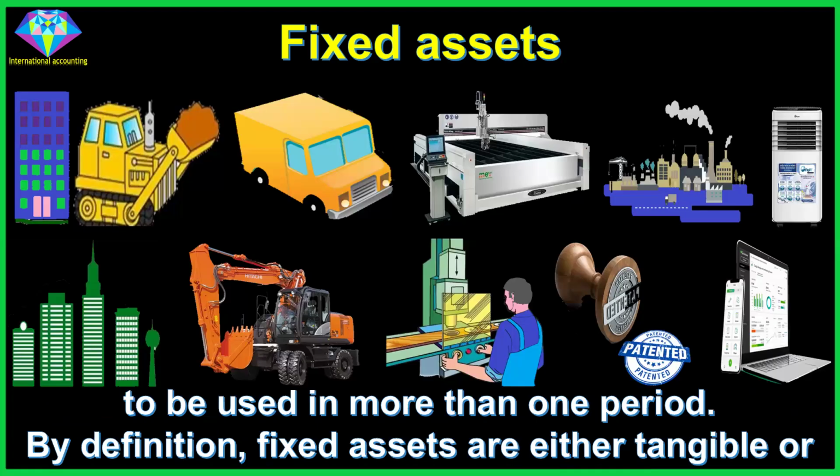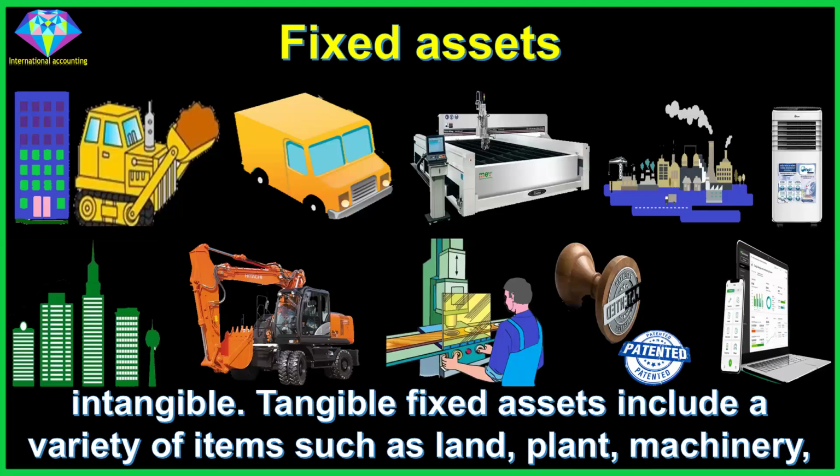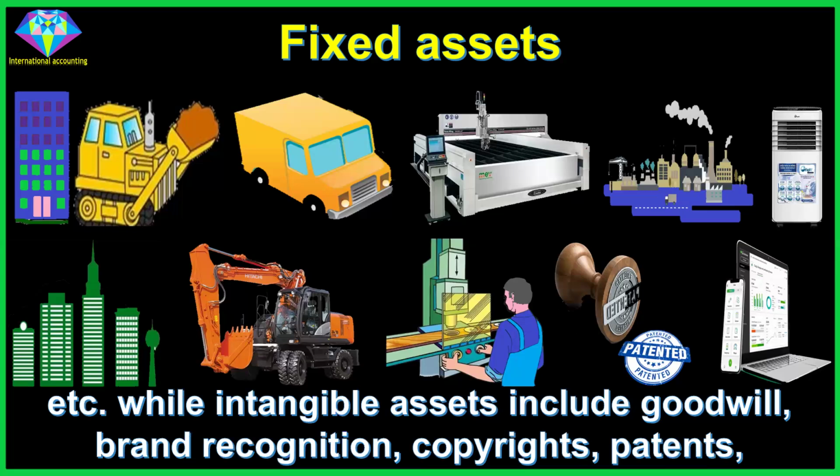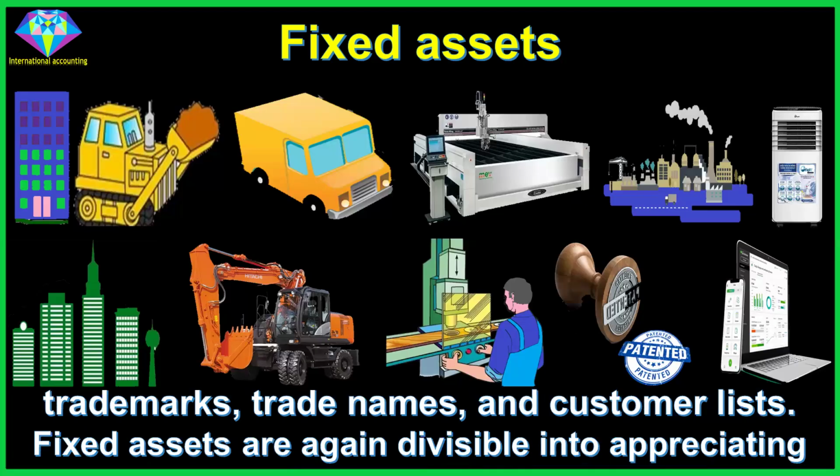By definition, fixed assets are either tangible or intangible. Tangible fixed assets include a variety of items such as land, plant, machinery, etc., while intangible assets include goodwill, brand recognition, copyrights, patents, trademarks, trade names, and customer lists.